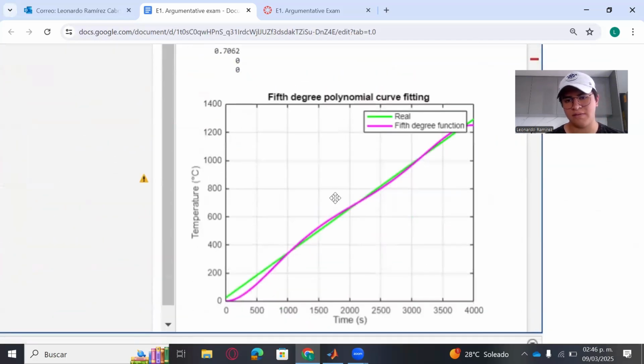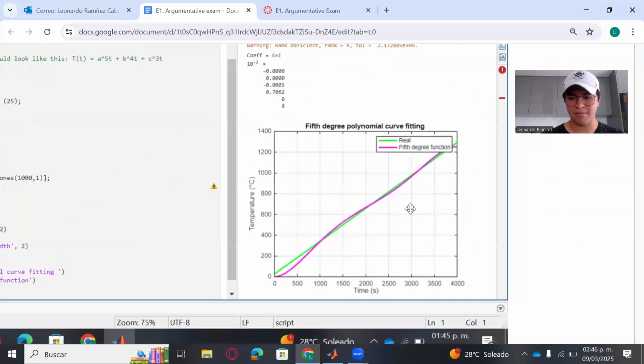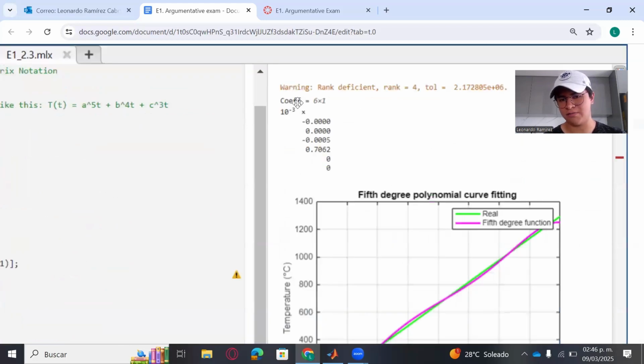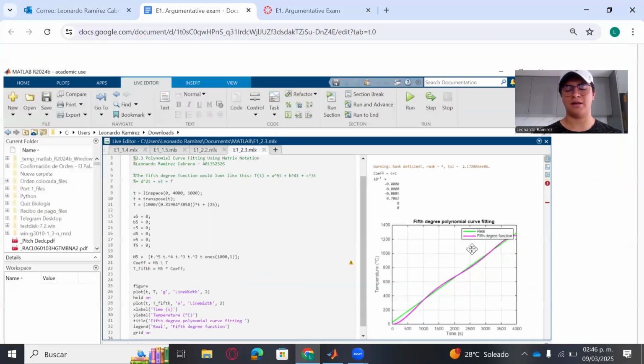And this will be the plot of the real linear behavior with a fifth degree behavior. As we can see, they are really similar as expected, but we must notice that the coefficients are really near to zero. So this suggests that a linear behavior would be the better fit for our data.